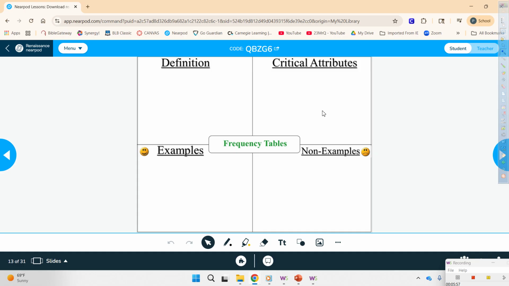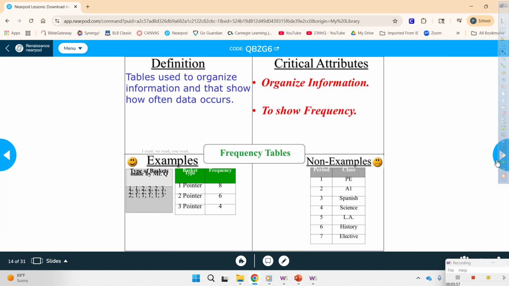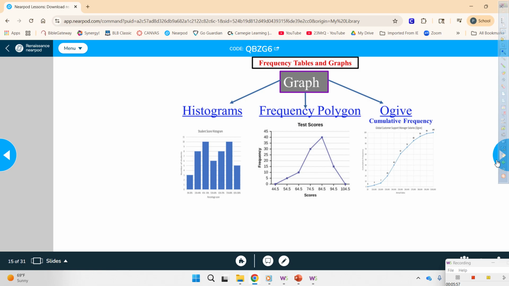Ten seconds. 9, 8, 7, 6, 5, 4, 3, 2, 1. What do frequency tables need to have, Aaron? Okay, Enrique. Starts with the letter F. Frequency, my goodness, yes. They need to show frequency.